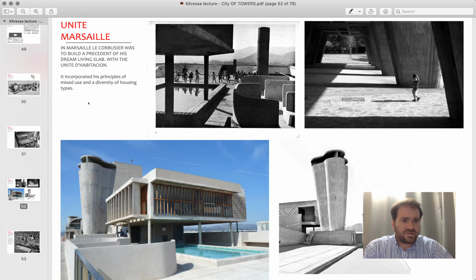And here you see some images of daycare on the rooftop, swimming pool on the rooftop, and on certain floors a concentration of these public functions that you would call something like streets in the air, where people would gather.